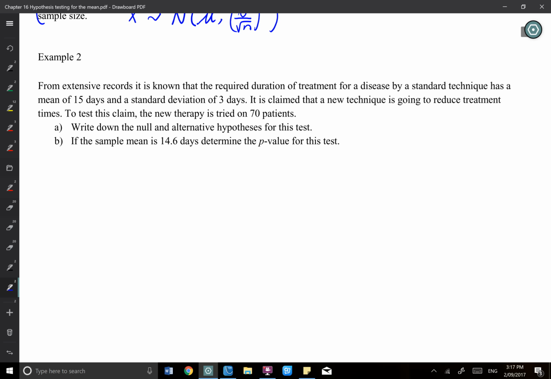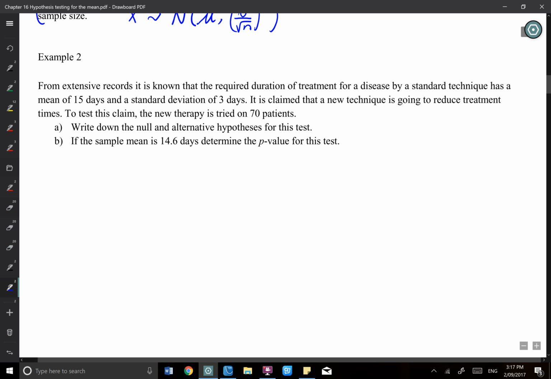Let x be the duration of treatment of a disease. So x is normally distributed with a mean of 15 days and standard deviation 3 days.